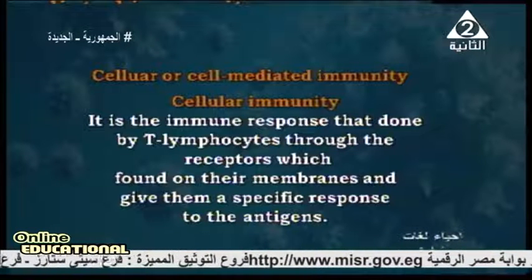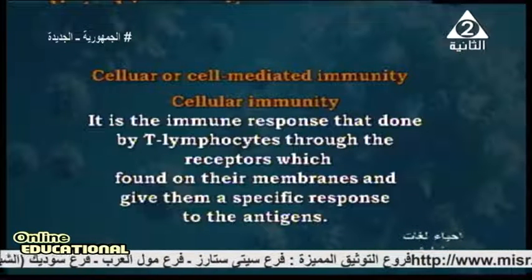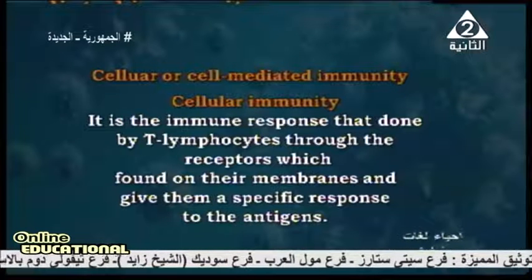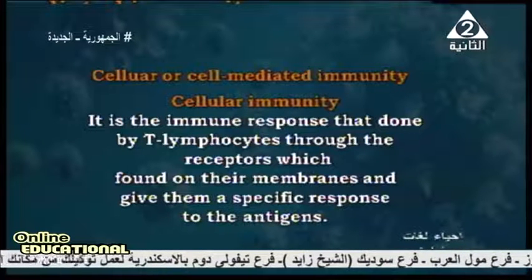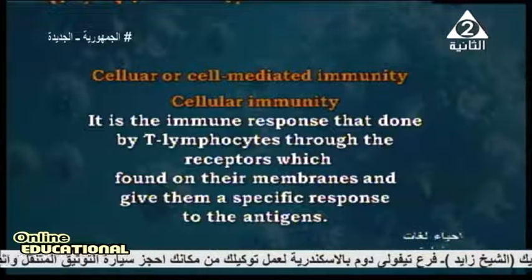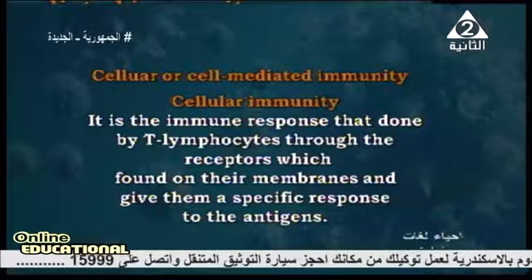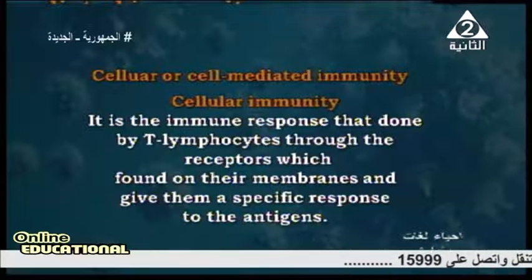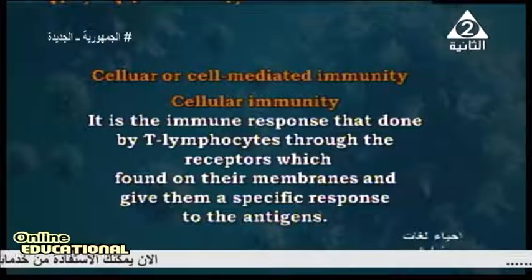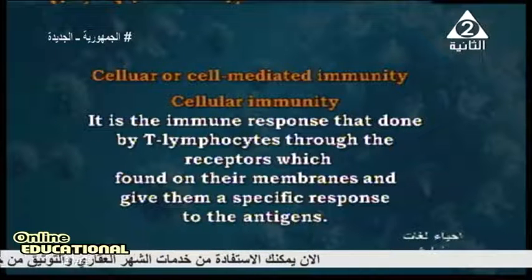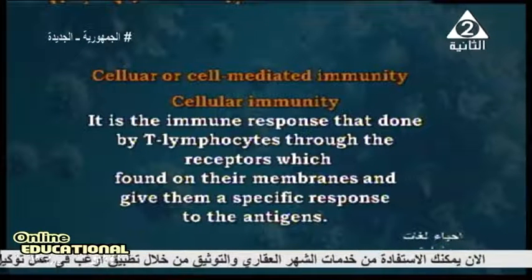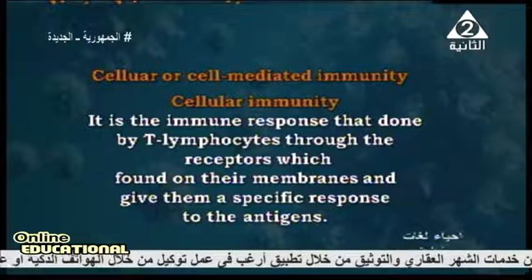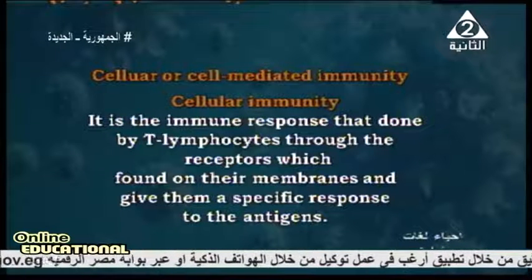Cellular or cell-mediated immunity. Cellular immunity is the immune response carried out by T lymphocytes through the receptors found on their membranes, which give them a specific response to the antigens. This means there is another type of immunity besides humoral immunity.